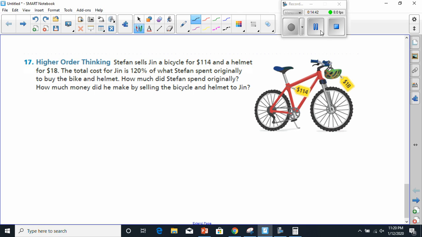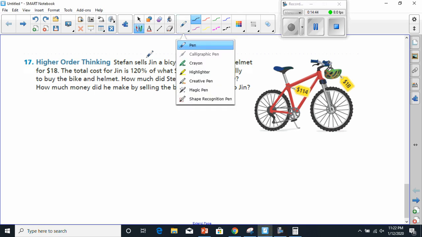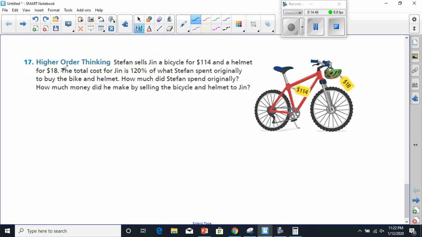Okay, well, let's set this up like we usually do. We know, first of all, we got to get the total price that was spent on the helmet and the bike, which is 114 plus 18, and that's going to give us 132.